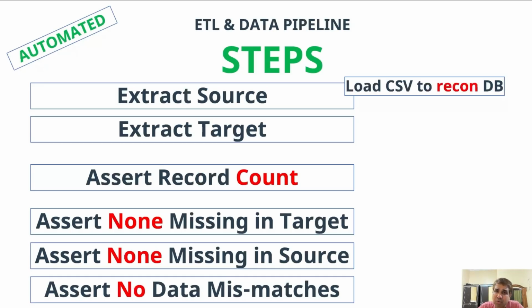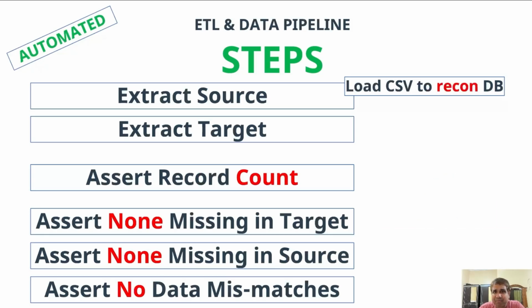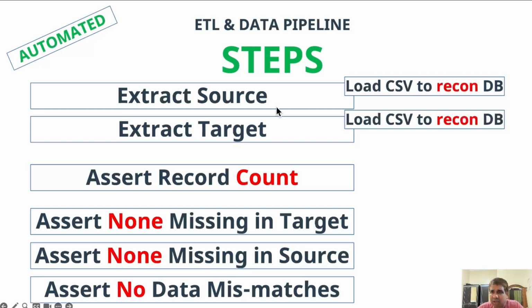If you haven't watched the earlier videos, go and watch the manual testing of the reconciliation process. You will get an idea what this CSV file is and why we loaded it to the reconciliation database. Similarly, for extract target records, you get that in a CSV file and load that into the reconciliation database. As soon as you execute these two tasks, you have the data present in the reconciliation database.